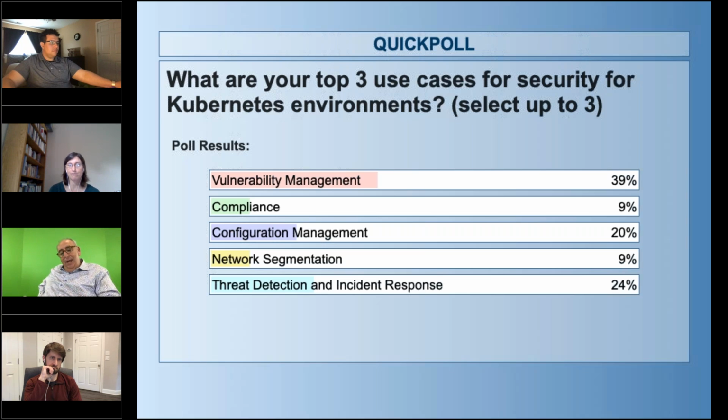I think very quickly, though, people realize that's almost legacy, if you will. Scanning your Kube environment for vulnerabilities, what difference did it make if you were on Kube or VMware or on-prem? You still scan for vulnerabilities.